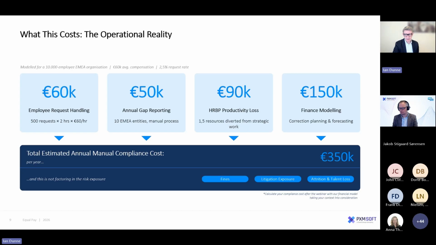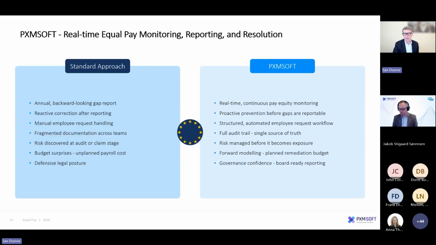So if we then move on to specifically meeting the requirements of the directive, as I said, we've done significant research across the market. What we're seeing is two things. We're seeing a standard approach, the standard approach on the left that most organizations are taking today.